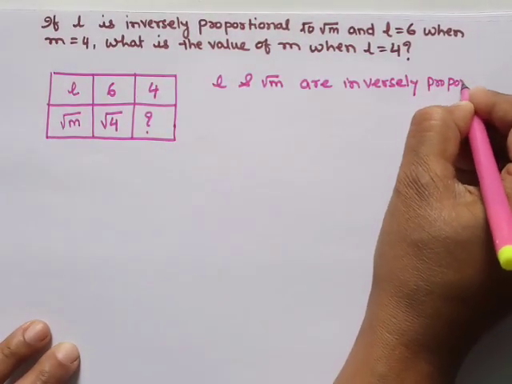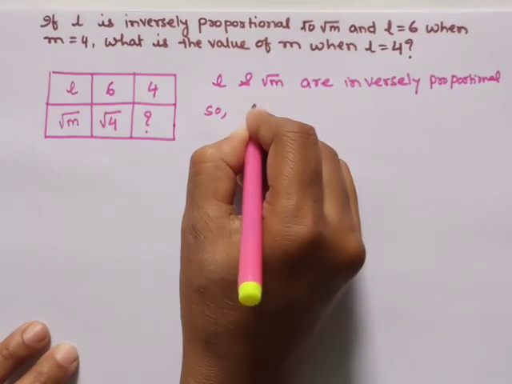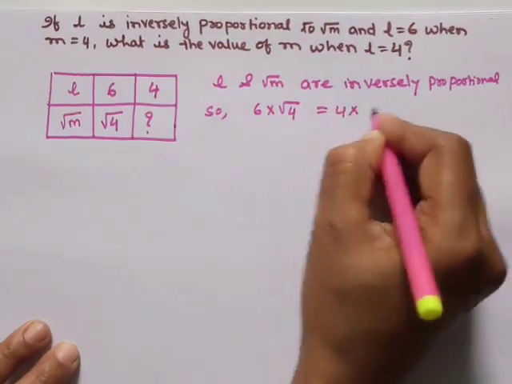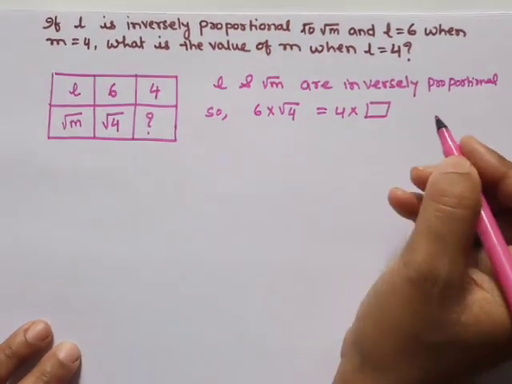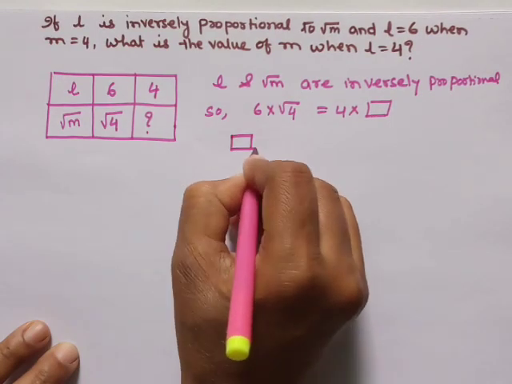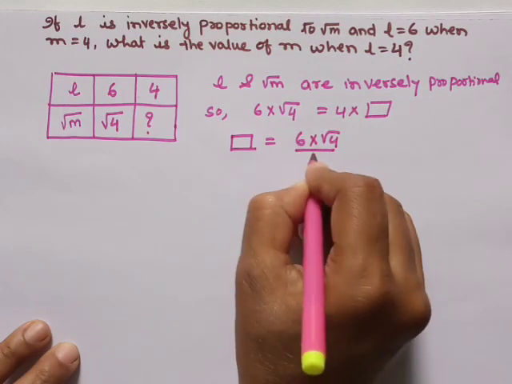So 6 multiplied by root 4 must be equal to 4 into your unknown number. So the unknown number will be equal to 6 into root 4 by 4.